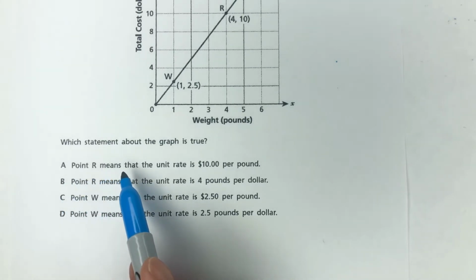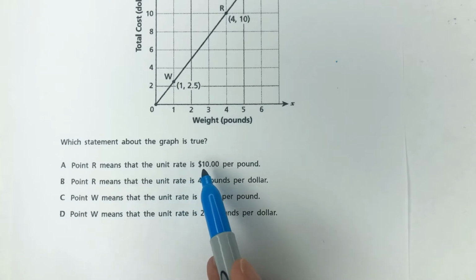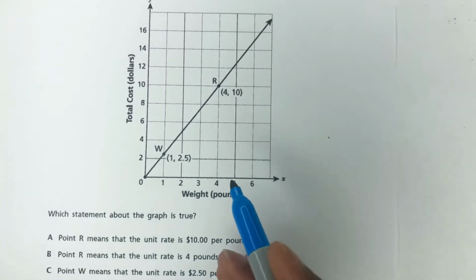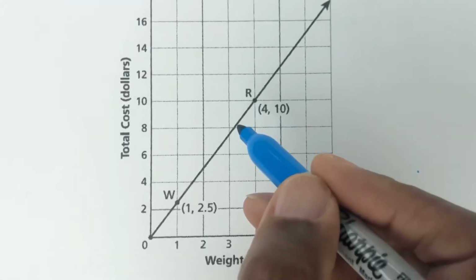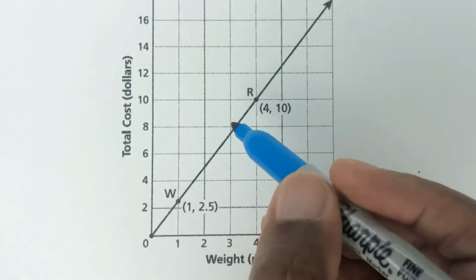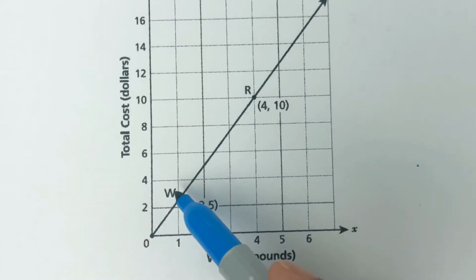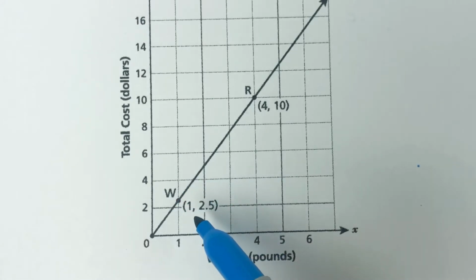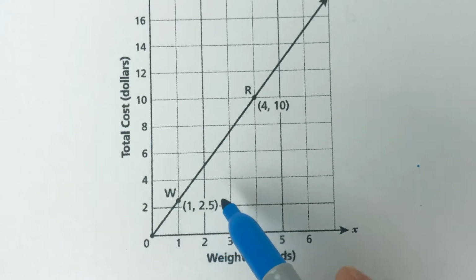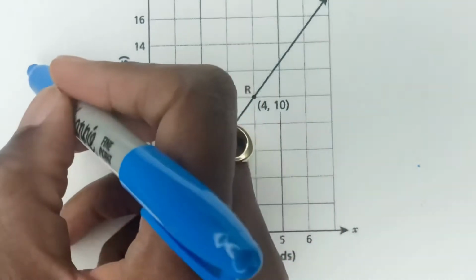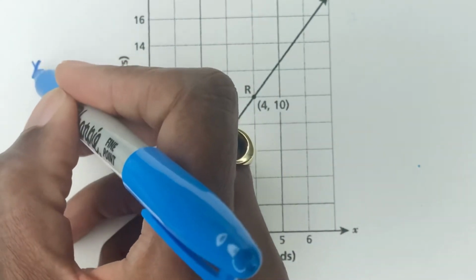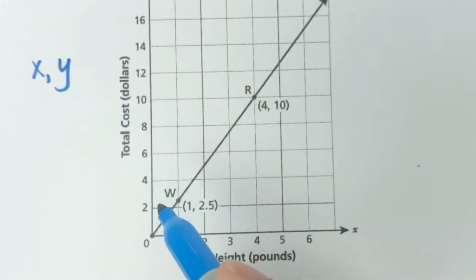Point R means that the unit rate is $10 per pound. Well, let's have a look. So here you have the W, and the good thing about the W is it's giving you the coordinates 1 and 2.5. So this means it comes in the X, Y order, right?